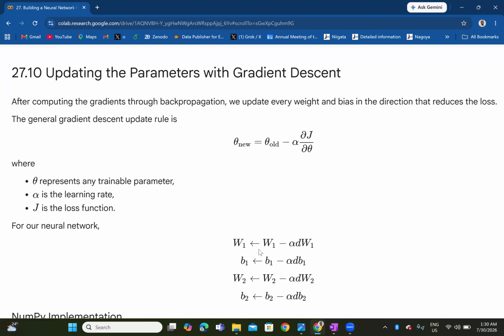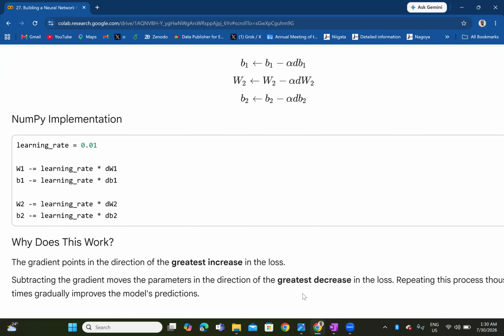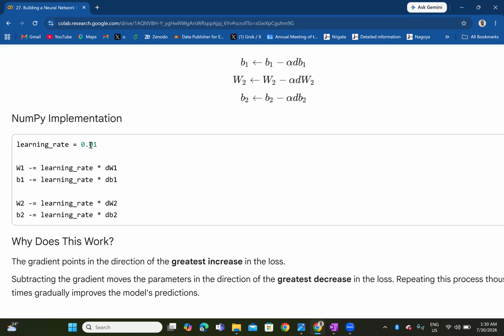So for a neural network, we have W1 minus alpha dW1 going back to W1, and b1 minus alpha db1 going back to b1, and you have that for W2 and b2 also. For the NumPy implementation, you talk about the learning rate 0.01, and W1 is being reduced, so W1 is actually minus equals.